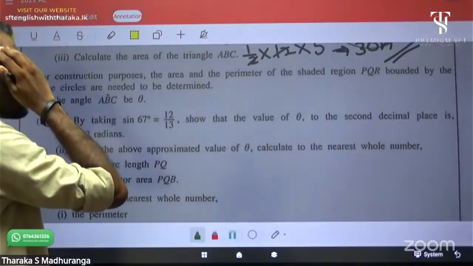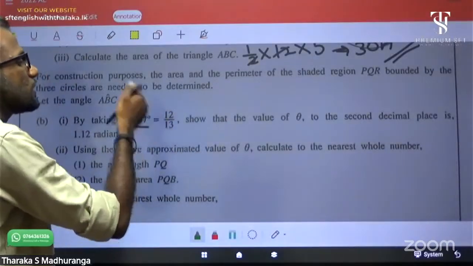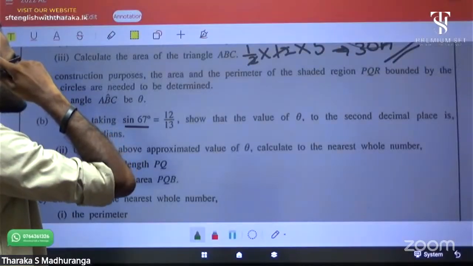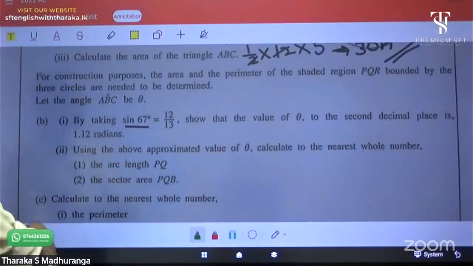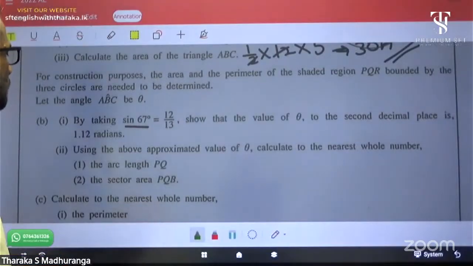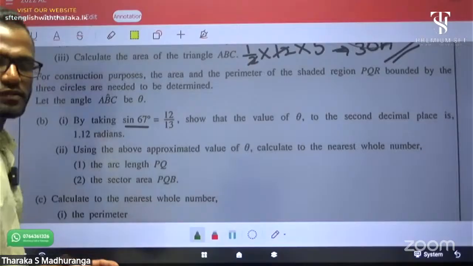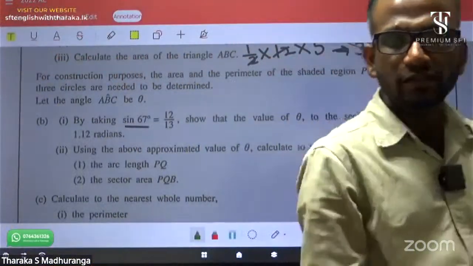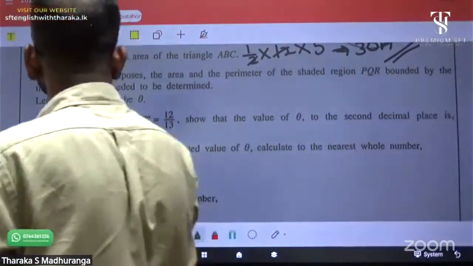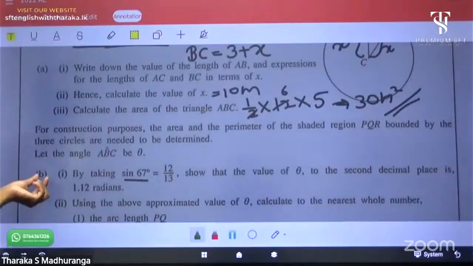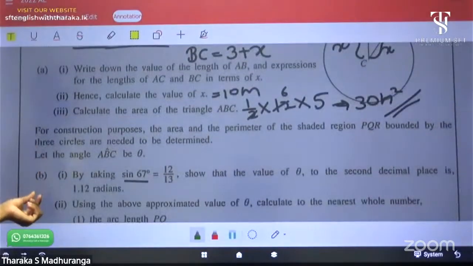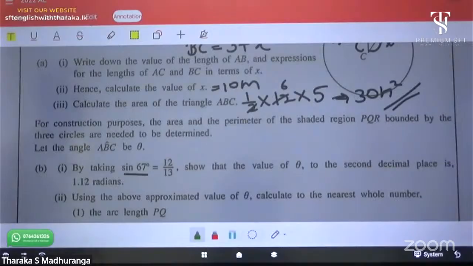By taking sine 67, 12 over 13, show that the value of theta to the second decimal place is 1.12 radians. The answer is already given. You have to show that by relevant steps.